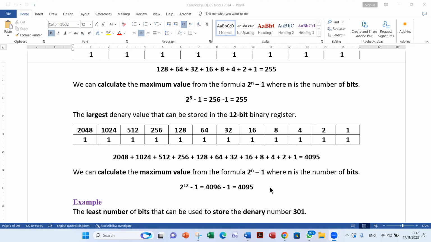Don't just put it in 12 bits or 16 bits. It's going to work, but it's going to be a waste of storage. I just want the least number of bits that can accommodate 301. Please do it yourself. Try 2 to the power of 9 minus 1, 2 to the power of 10 minus 1, and tell me how you can do it.